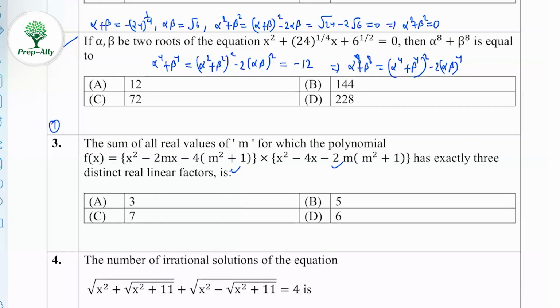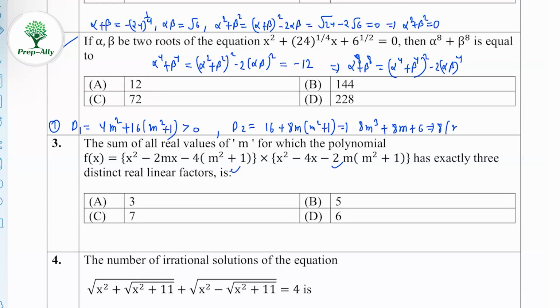For the first quadratic, if we calculate the discriminant, it will be b square minus 4ac, which is 16m square plus something, which is always positive. Then you calculate D2 for the second quadratic, b square minus 4ac. What will you get? 8m cube plus 8m plus 16.